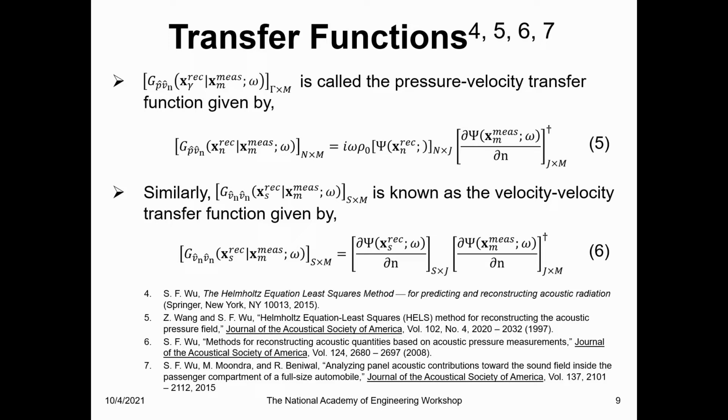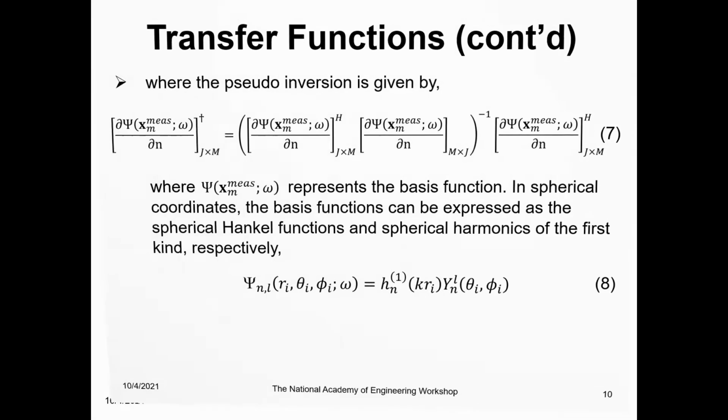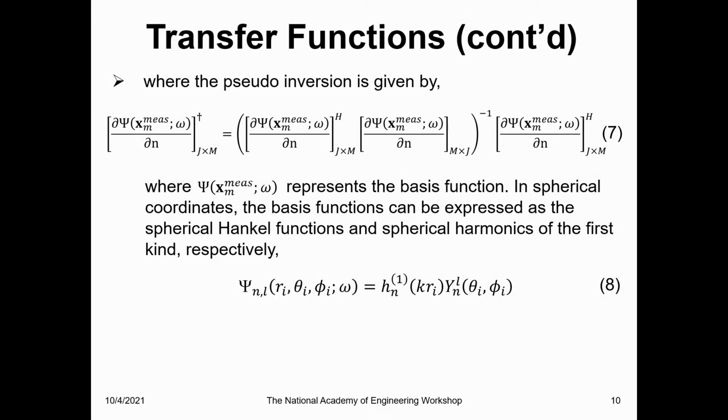The pressure to velocity transfer function is given by equation 5. Similarly, the velocity to velocity transfer function is given by equation 6, where the pseudo-inversion is given by equation 7.